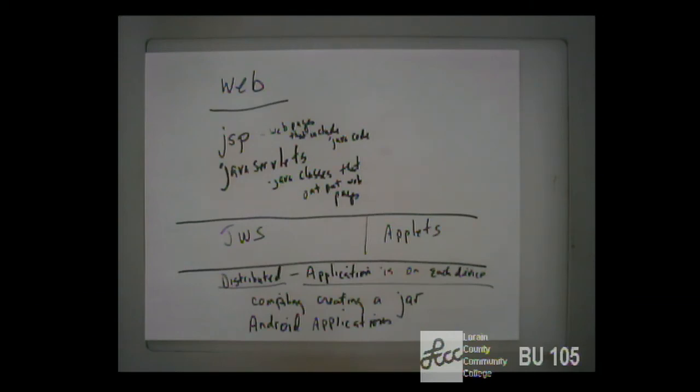Let's see if we can find an example applet. A Java applet was a Java application that ran in your browser, but it ran on your client machine.